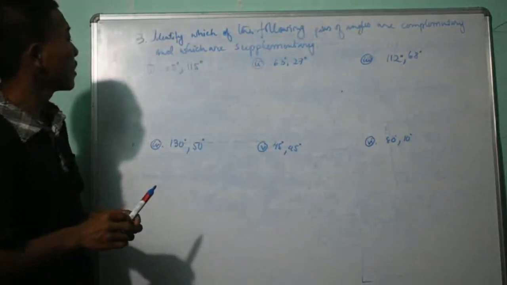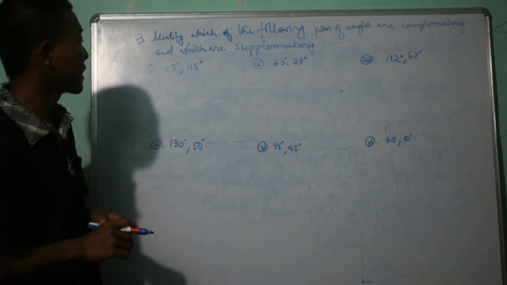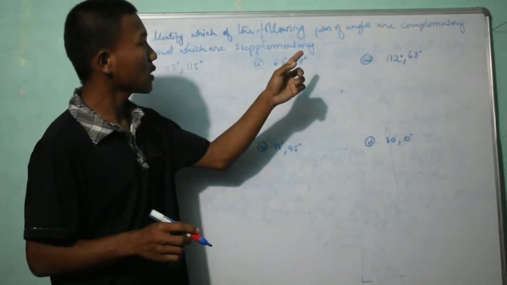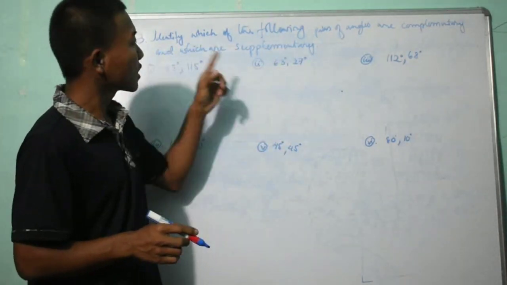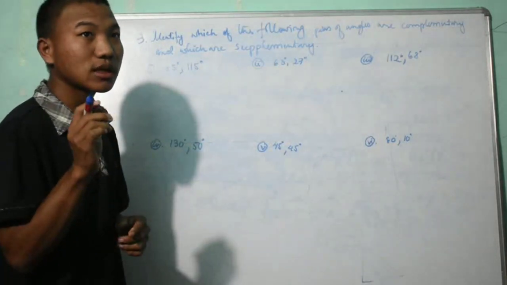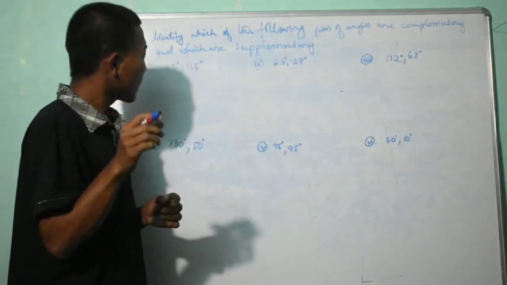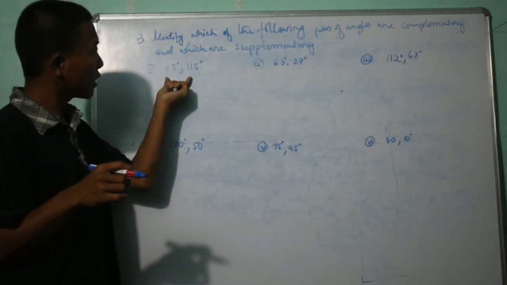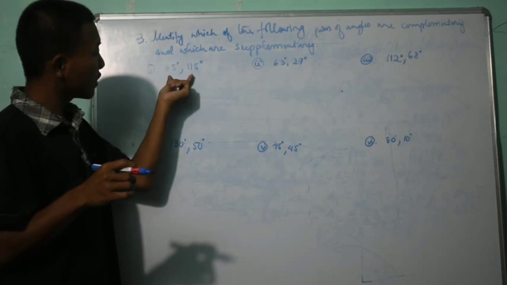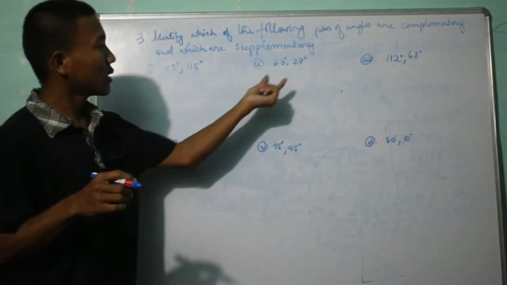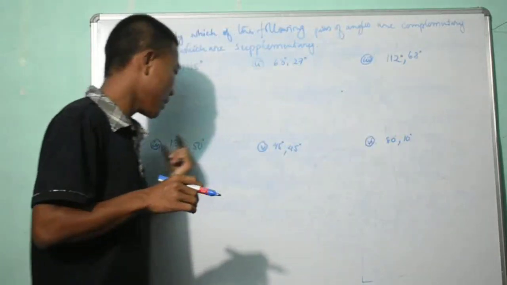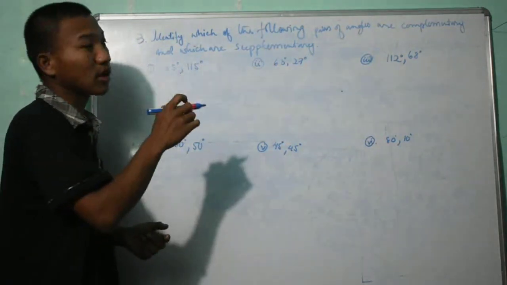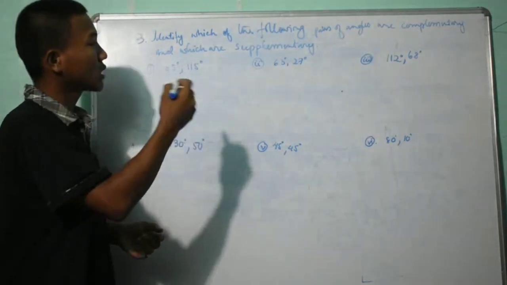Let us try to solve question number 3 again. Let us read the question. Identify which of the following pairs of angles are complementary and which are supplementary. That means the question wants us to find whether these two given angles give 90 or 180, which means whether they are complement to each other or supplement to each other.